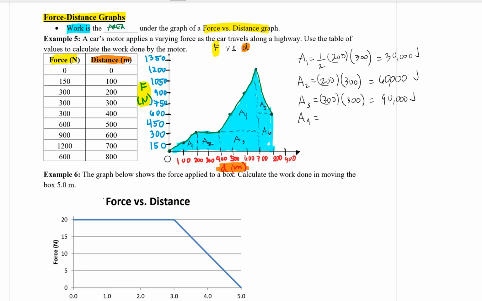Okay, and then we have A4. A4 is a triangle. Actually, if you can see, that's a right triangle.